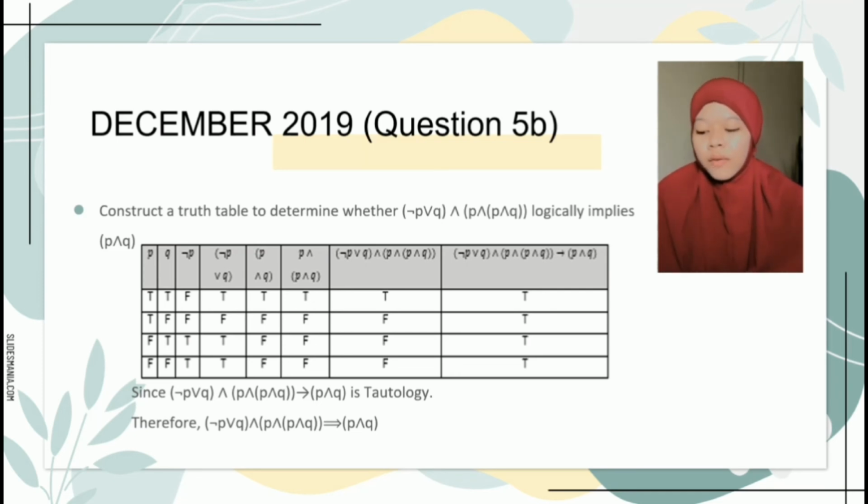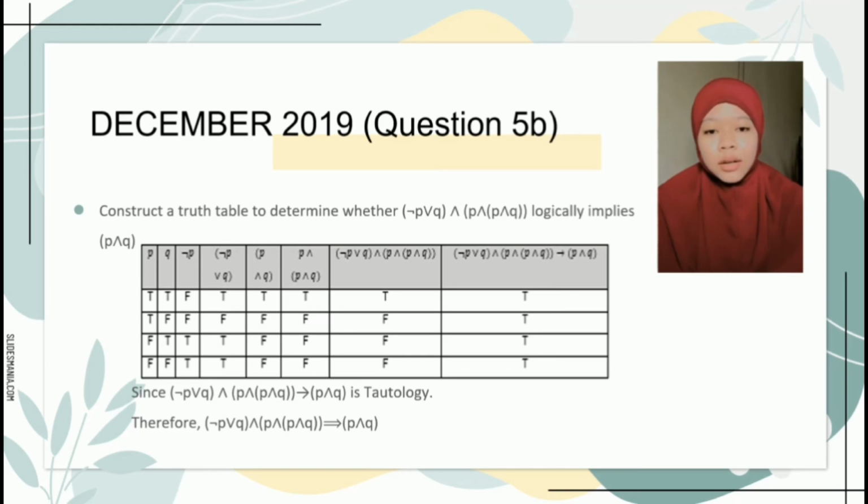So first column we write P, second Q, third negation of P. But fourth, we don't need to write negation of Q because in the question they didn't mention it.